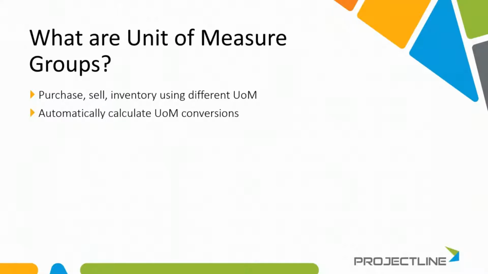So it also allows us to automatically calculate unit of measure conversions. Going back to my previous example of a 12-pack, I can define a group called 12-pack, and I can tell the system a 12-pack is equal to 12 eaches. Similarly, we can do that with the imperial and metric systems.